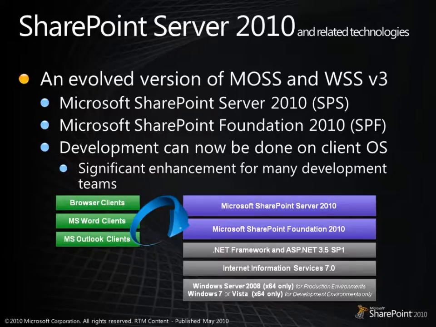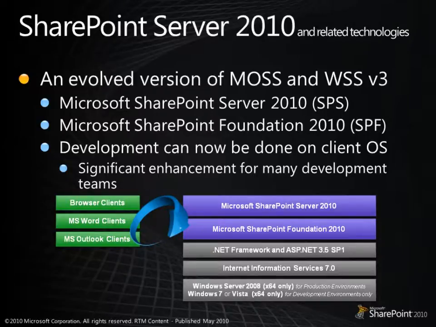SharePoint 2010 server runs only in 64-bit operating systems. This is different from the MOSS 2007 and WSS 3.0, which ran either in 32 or 64-bit operating systems. SharePoint 2010 Server is the first version of the product that supports installation also to client OS for development.